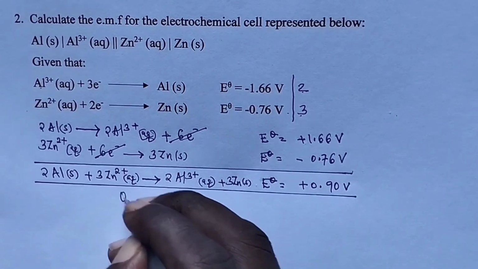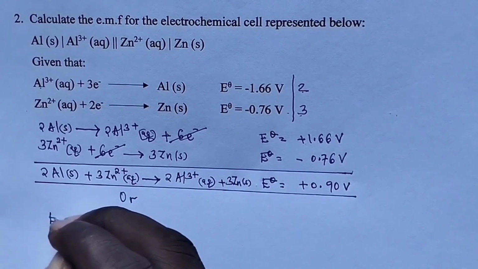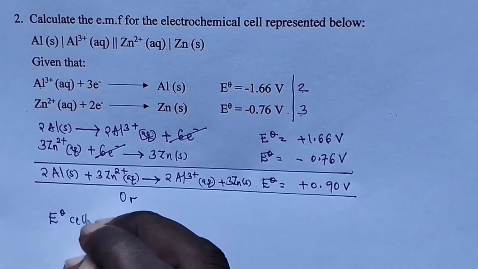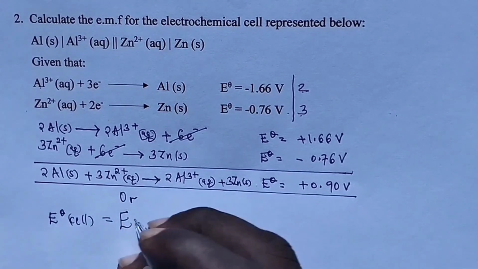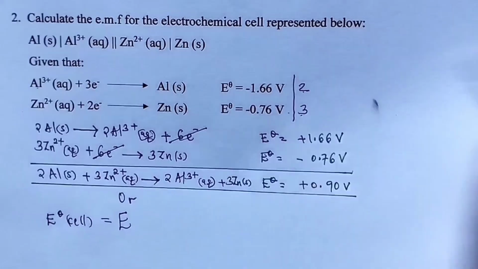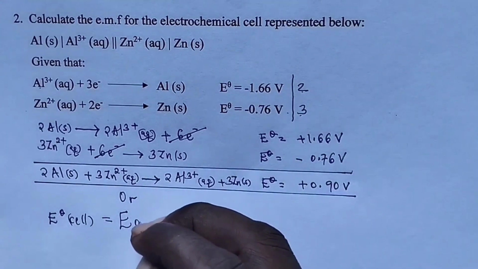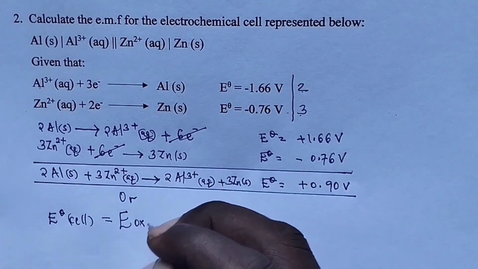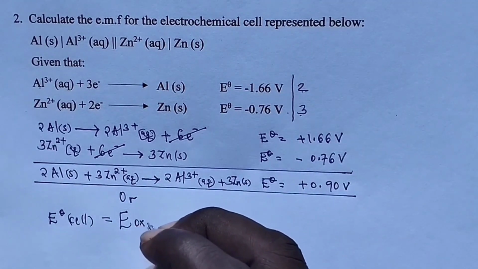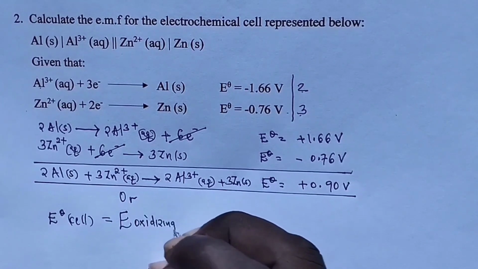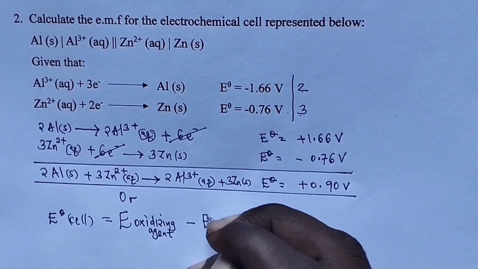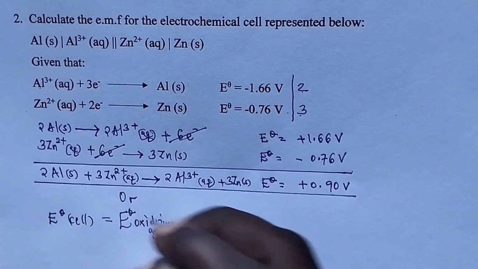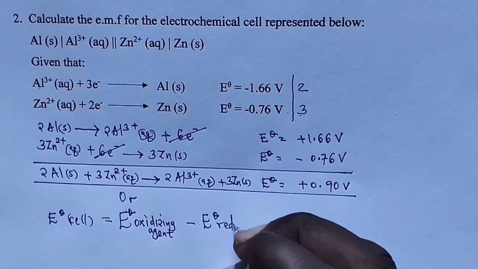Or we can use our formula 2, which says the standard electrode potential value of a cell is obtained by the formula E cell equals E for the oxidizing agent minus E, the standard electrode potential value for the reducing agent.